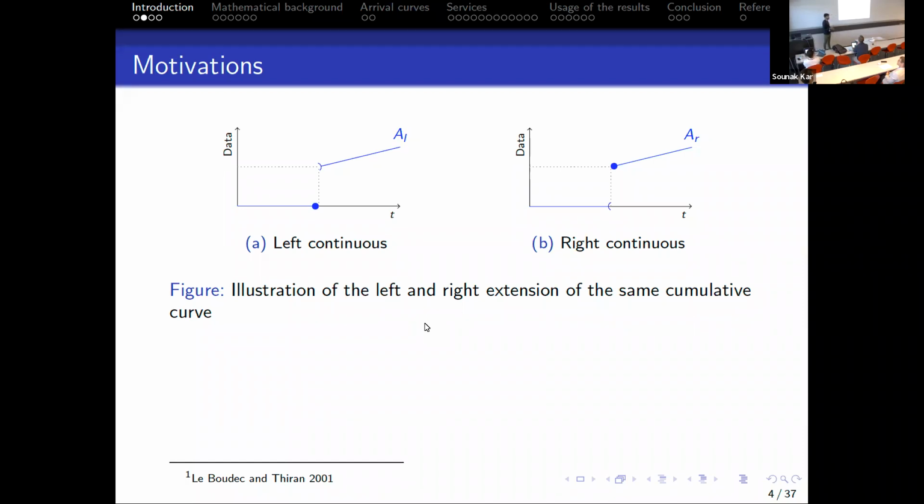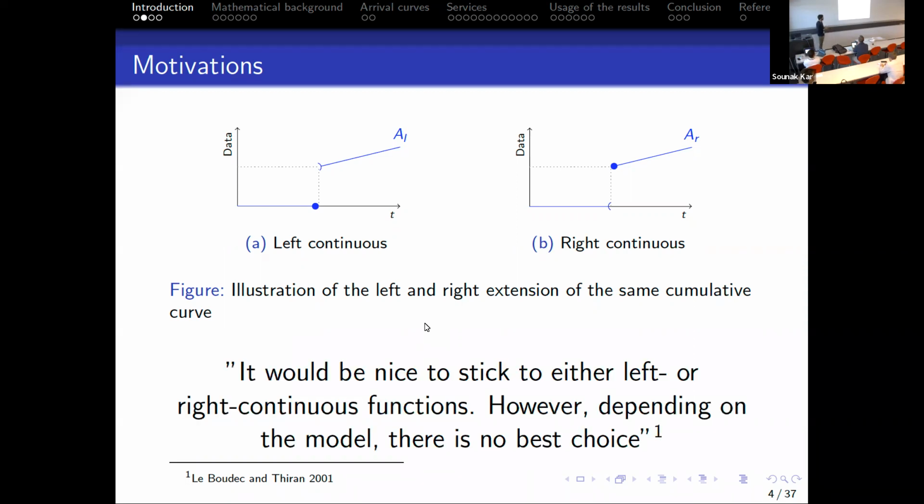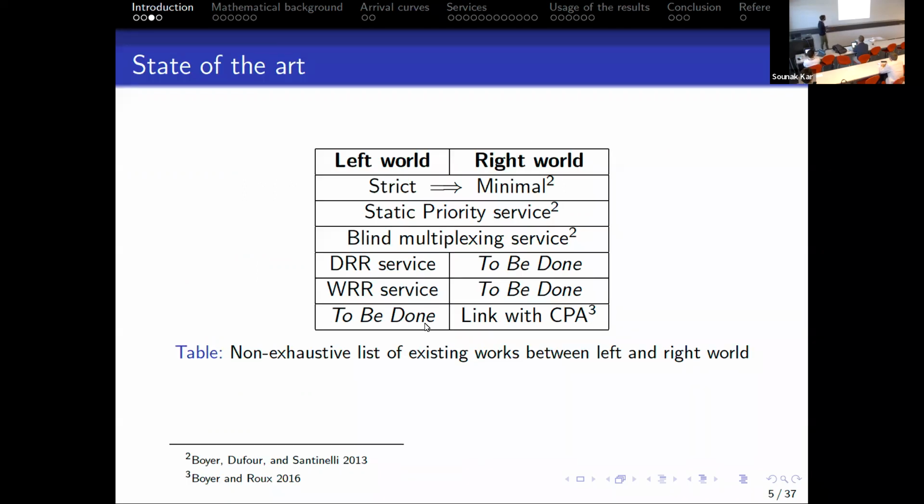And the question is, can I use all the results, those developed with the left assumption and those developed with the right assumption? I found an answer in the book, that is, it would be nice to stick to either left or right continuous functions. However, depending on the model, there is no best choice. So the aim is to see how we can stick to the left or right function.